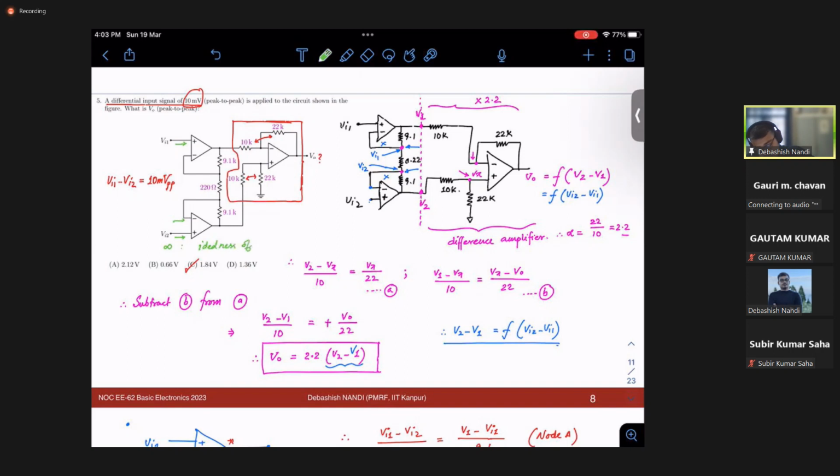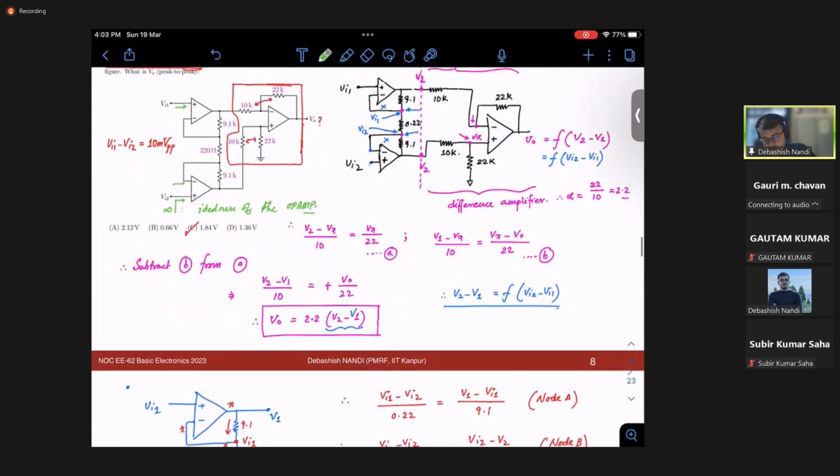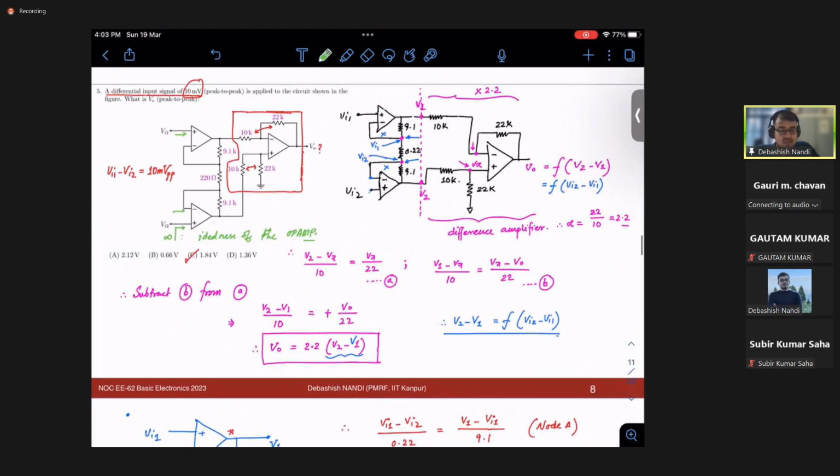Here you see you do not have infinite input impedance, right? And why is infinite input impedance important to us? Because we do not want any loading effect when I connect any circuit as an input stage to this circuit. This circuit should not load the previous stage. That's why we need infinite input impedance. So this circuit provides you infinite input impedance.